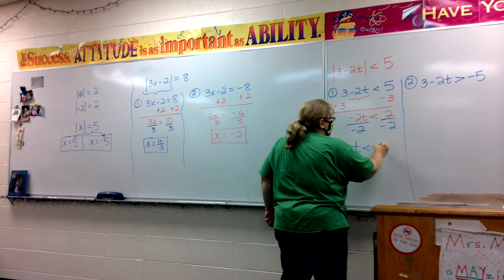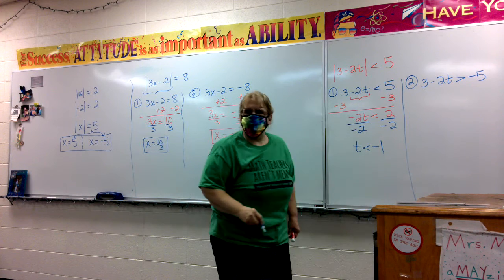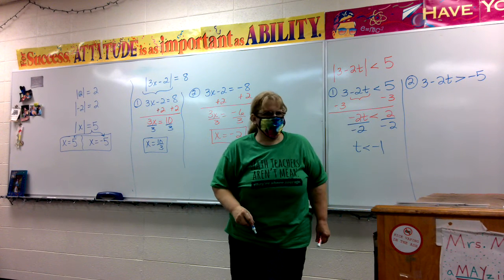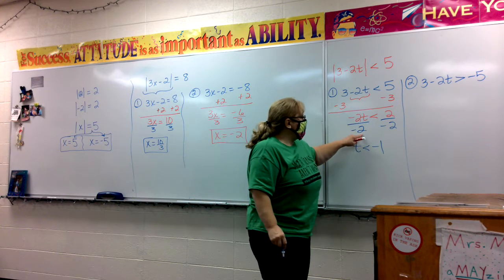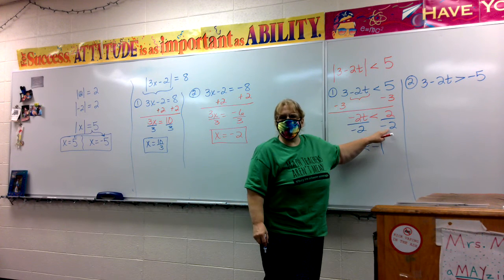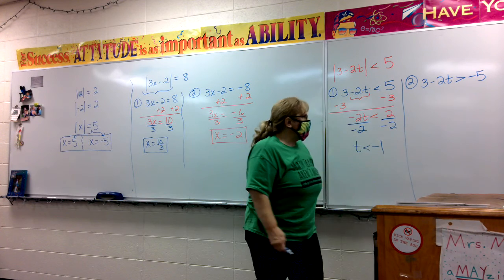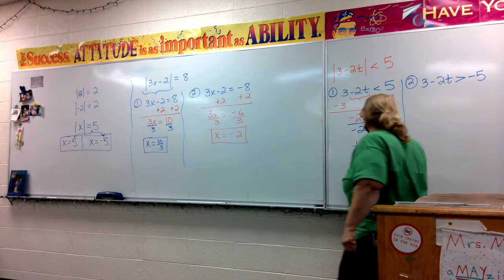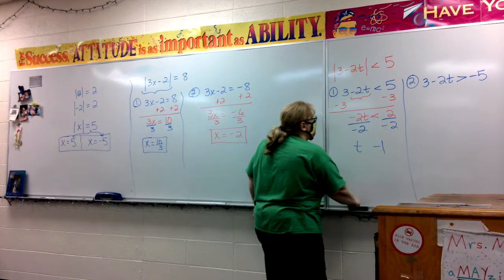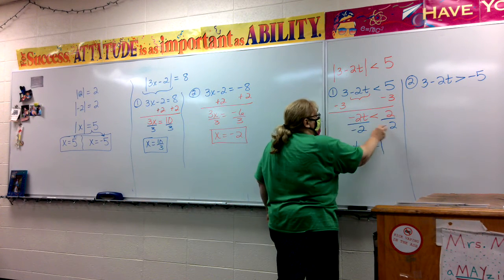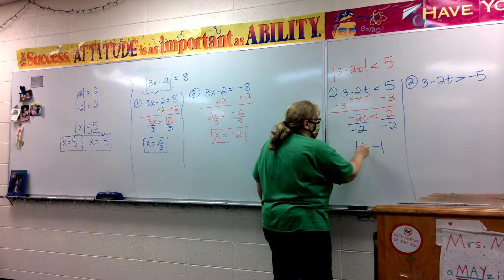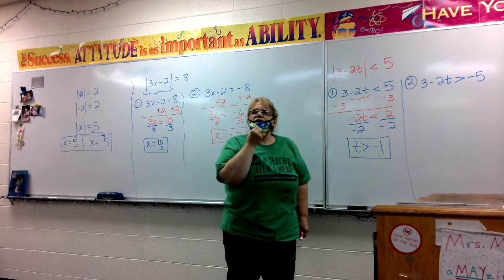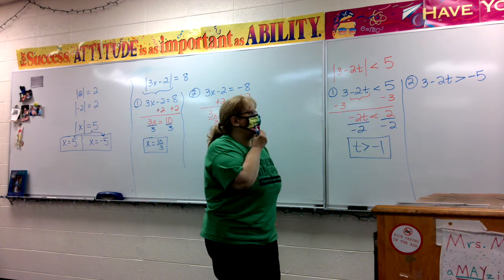Less than, right? What did we divide by? What do you have to do when you divide by a negative? We got to flip it. Oh, for Pete's sake. You got to flip it. We divided both sides by negative. Flip the inequality. So one possibility, t is greater than -1.